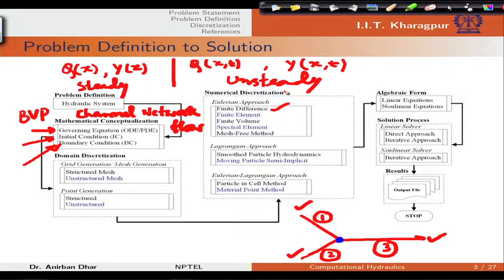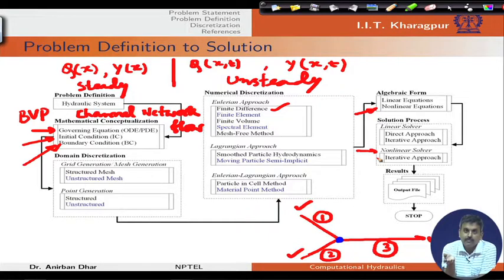And finally, the equations for this problem are nonlinear in nature. So, we need to apply a nonlinear solver, either that is iterative approach or Newton-Raphson approach I will be utilizing for solution of this problem.